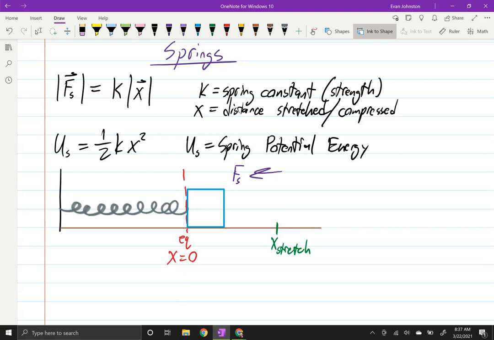But the neat thing, while it's working its way until we get to this, I don't know, X compress, is that right here, even though it's going to keep going to the left, since there's no energy stored in the spring anymore and the spring isn't applying any force, there is zero net force on the box. It's just moving with a speed, which is kind of crazy to think about. And there's no energy stored in it.